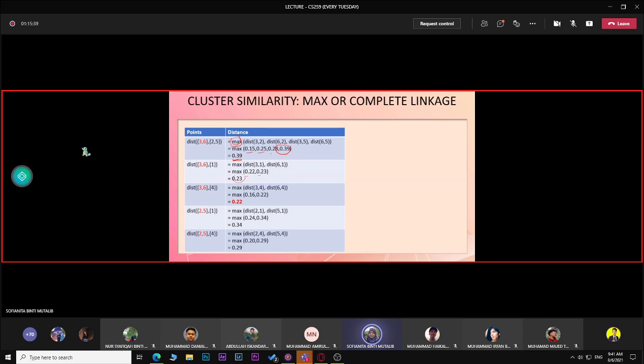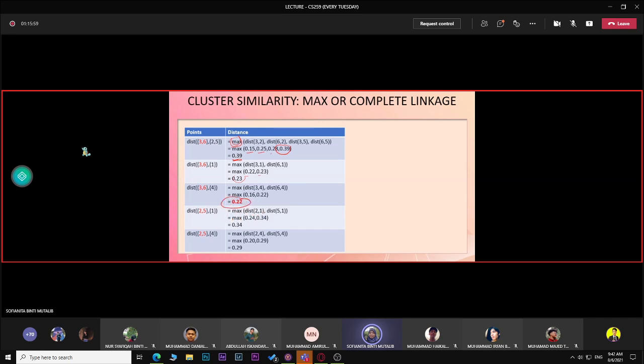Now when you are choosing which cluster can be merged, ini back to the rule of thumb, which you have to choose based on the closest ataupun the lowest.